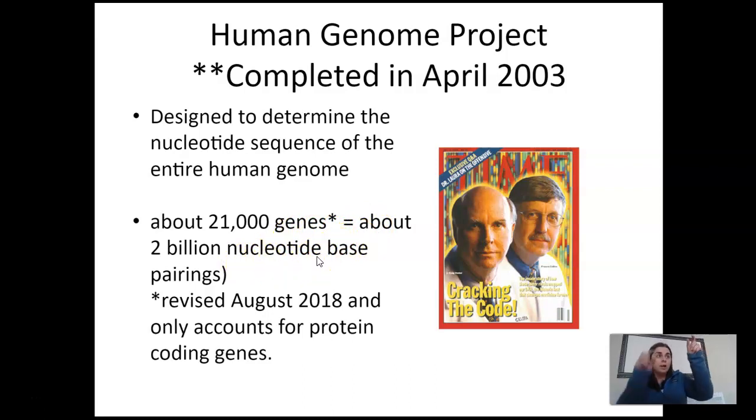So one column is 2 billion down, and the other one would be 2 billion down too, because they're paired. They revised it in August of 2018, and they said that the number of genes only accounts for protein coding genes. So there's a whole hunk of stuff that we still have not interpreted yet, from what I understand.